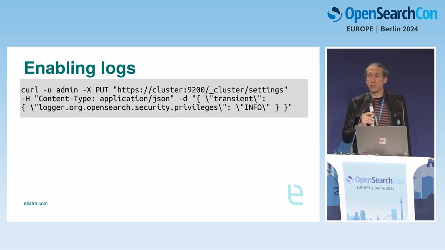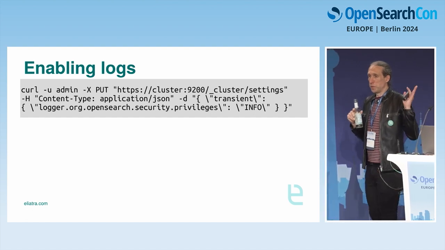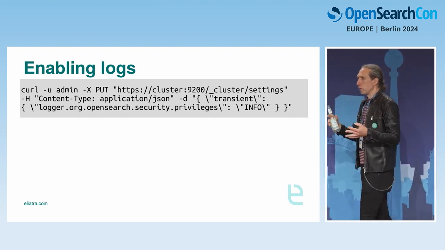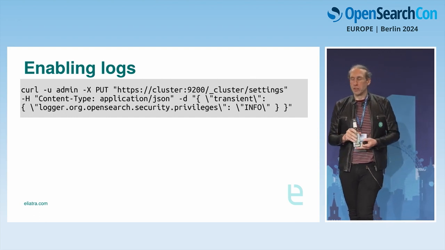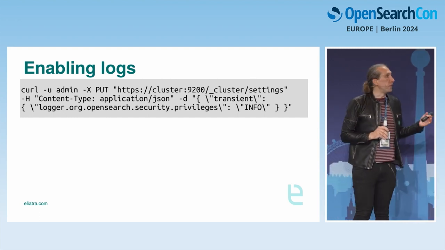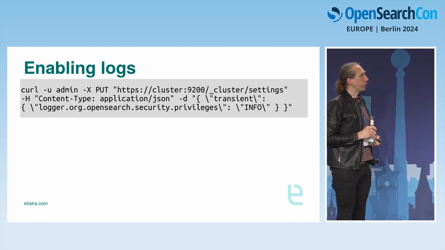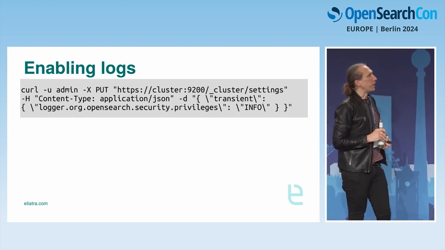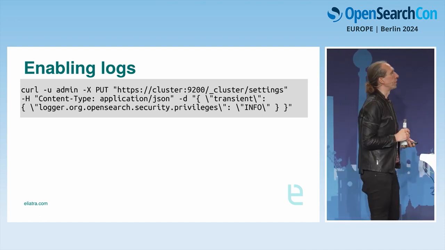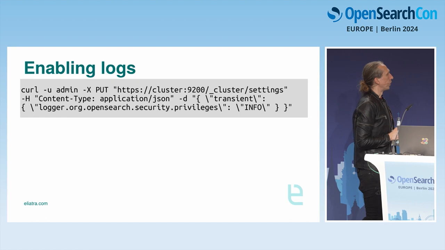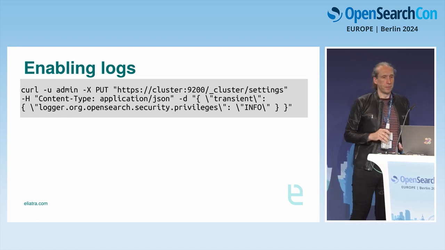By default, the logs which we've been seeing are visible in the OpenSearch logs, so these are logged in the default configuration. If you have disabled these default configuration logs, you can enable these, by the way, with this REST call. The cool thing about OpenSearch is that you can change the log levels during runtime with a REST API.